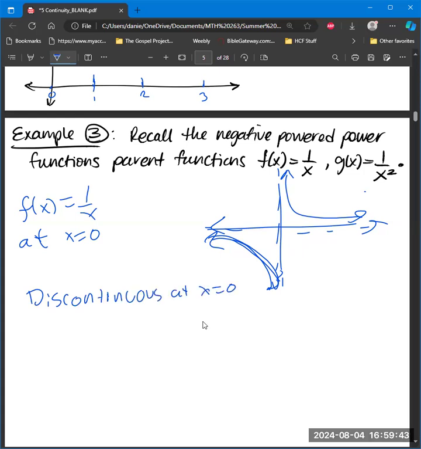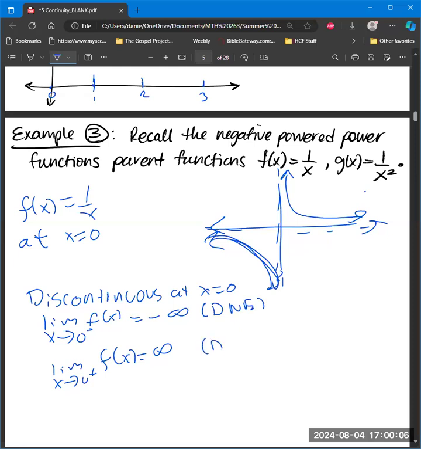That's because the limit of f of x as x approaches 0 from the left is equal to negative infinity. You could also say that the limit as x approaches 0 from the right of f of x is equal to positive infinity. Either of those are not finite numbers L, so the limit does not exist there.